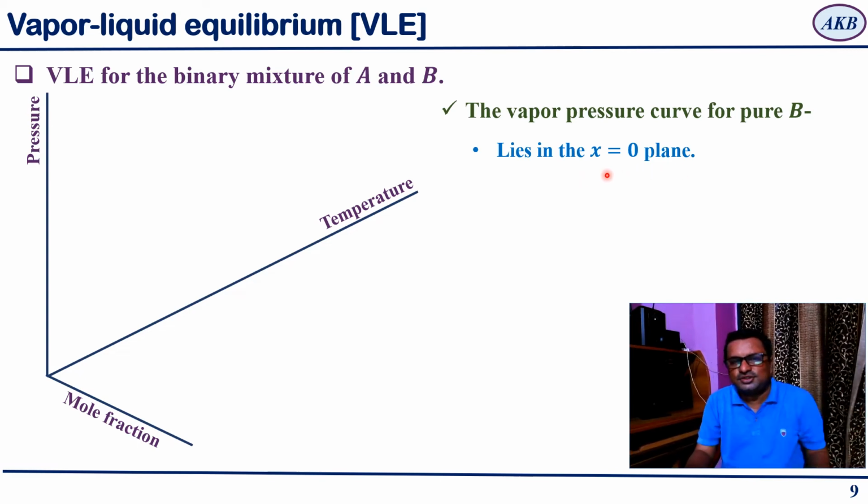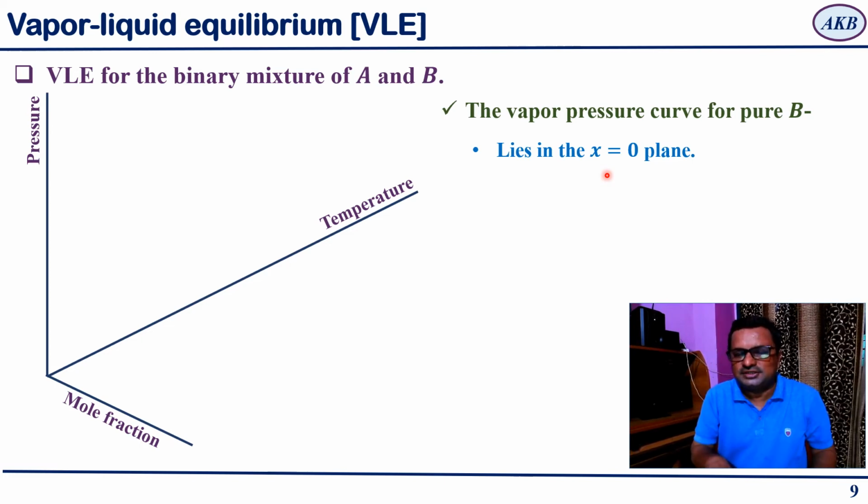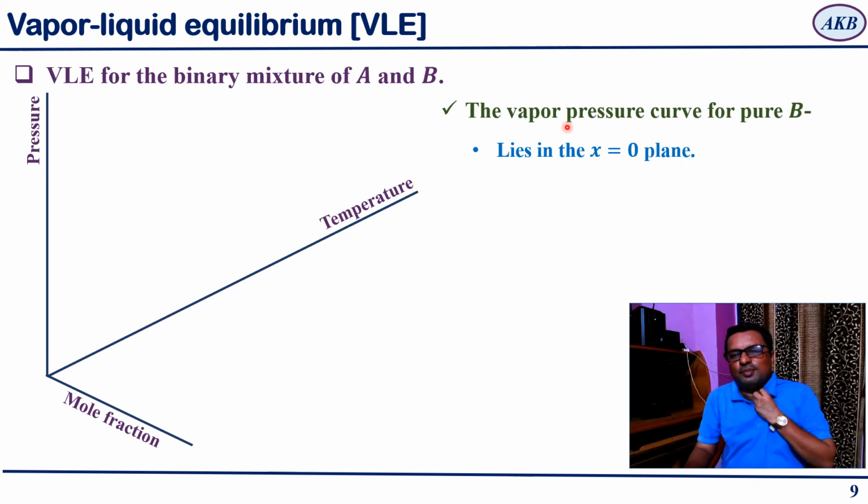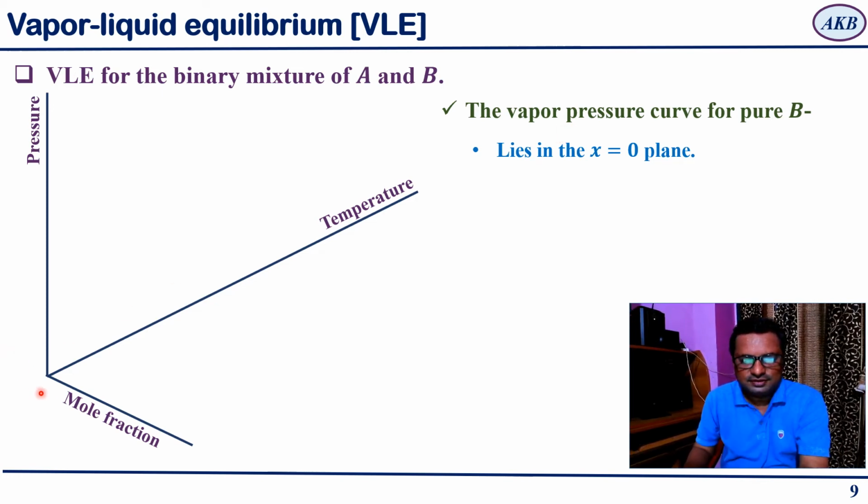Now what does the x equal to 0 plane represent? You already know small x is the mole fraction of the more volatile component in the liquid phase, and over here the more volatile component is A. So if x is 0, there is no A, and you have pure B. That's why in the x equal to 0 plane, every point will represent pure B. Every point will give the properties of pure B. So this is this plane, where you can see pressure and temperature.